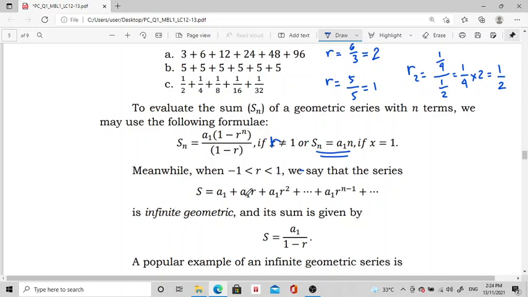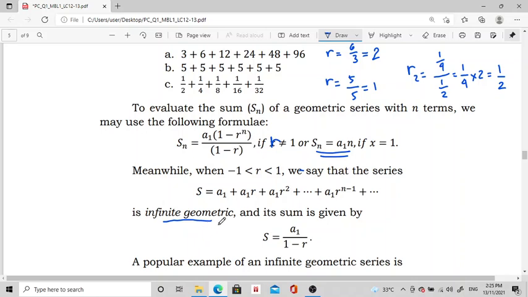We say that this type of series is infinite geometric and yung sum, it is given by a sub 1 over 1 minus r. That is if infinite yung ating series. But if it is not infinite and the ratio is between -1 at 1, still, ang gagamitin pa rin natin na formula ay ito.